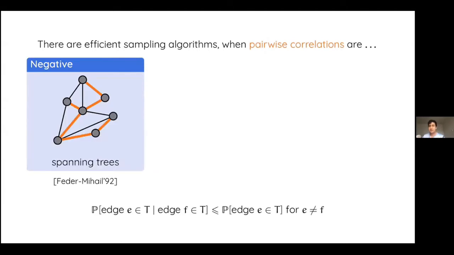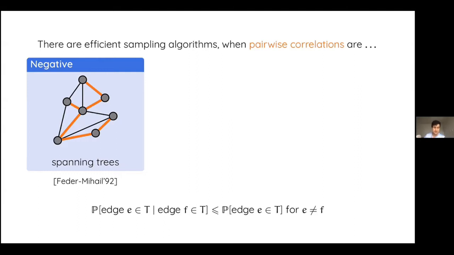So there are some distributions on combinatorial structures that satisfy something called negative correlation and many generalizations of it. The classical example of this is the distribution of spanning trees in a graph. So given a graph, if you sample a uniformly random spanning tree, it satisfies what's known as negative correlations.